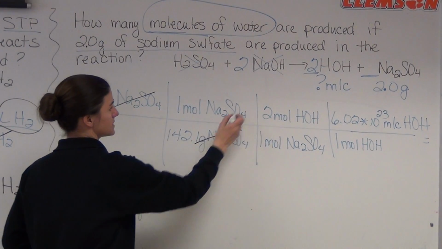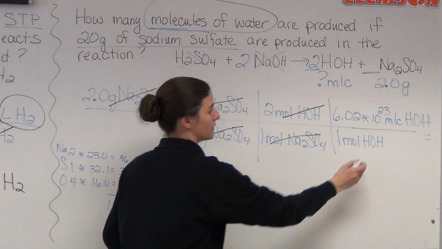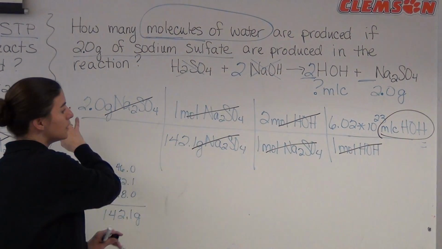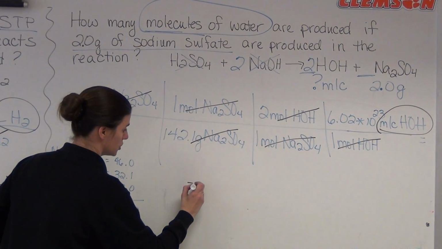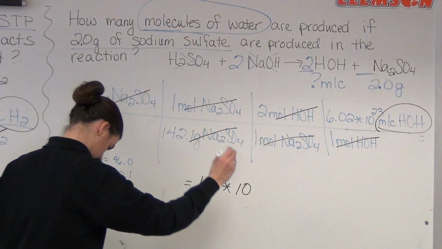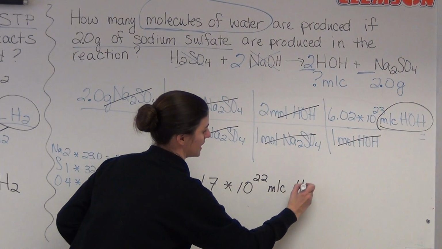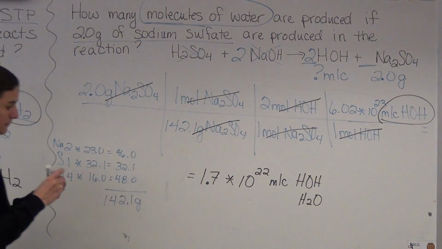Grams to grams, moles to moles of Na2SO4, moles of HOH, moles of HOH, and we're left with molecules. Multiply everything on the top, divide by the bottom, and you should get 1.7 times 10 to the 22nd molecules of HOH or H2O. And that's it.